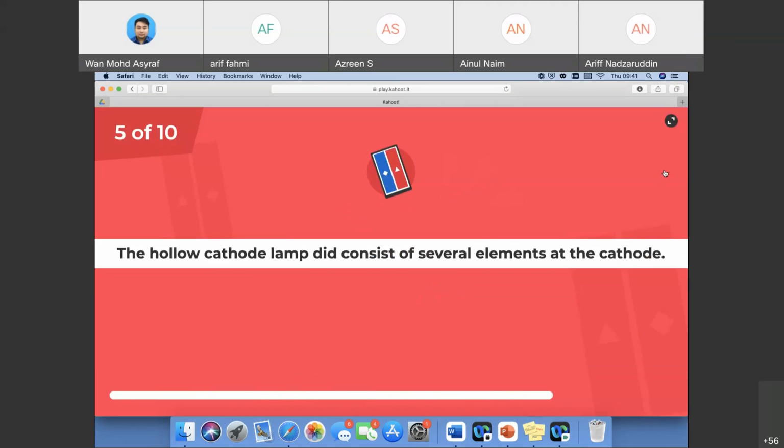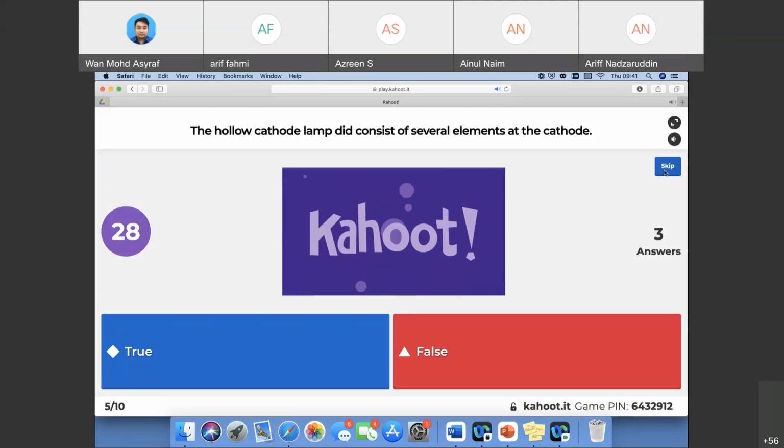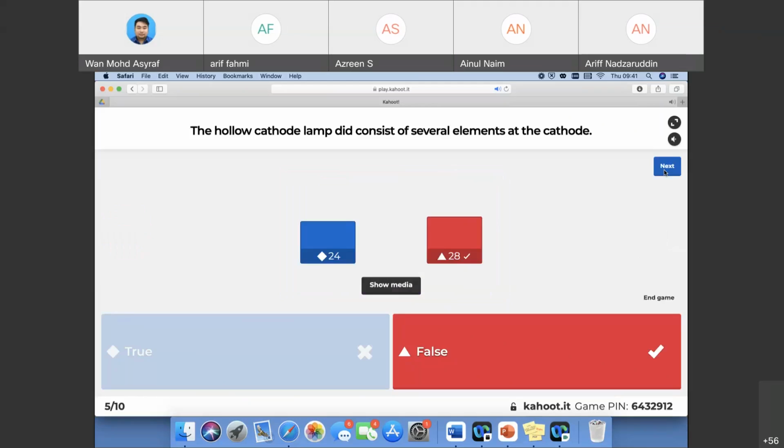All right, true or false? The hollow cathode lamp consists of several elements at the cathode. Betul ke salah? So 28 of you answered correctly.